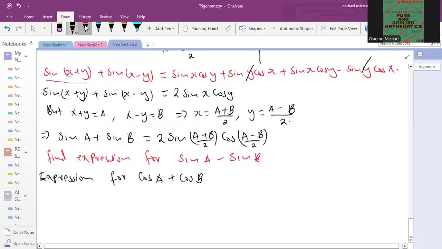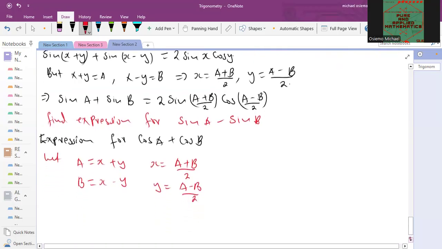In this approach, let our A be equal to x plus y, and our B be equal to x minus y. The same approach, you have already shown that our x is going to be A plus B over 2, and our y is going to be A minus B over 2.